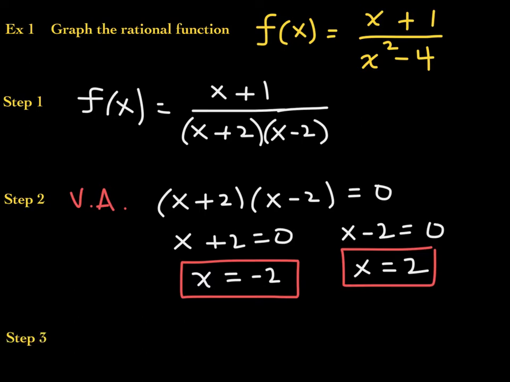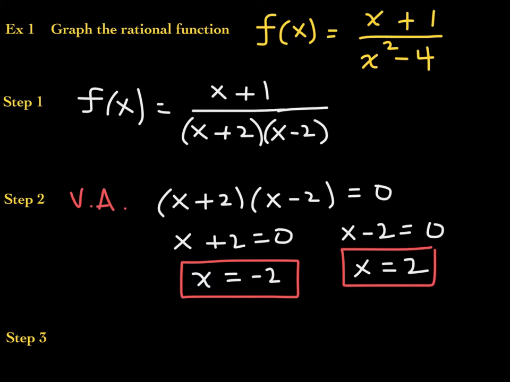For step 3, we want to determine the end behavior asymptote. This requires us to compare the degree of the numerator and the degree of the denominator. The degree of the numerator is 1. The degree of the denominator is 2.